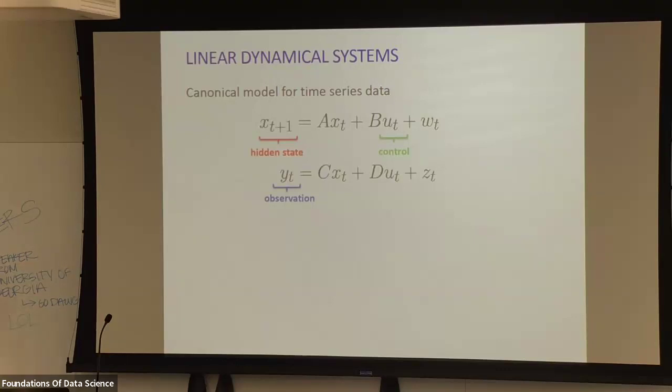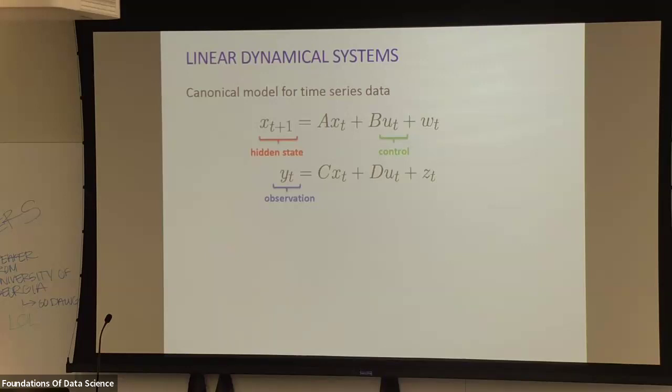And then there are exogenous controls or disturbances that we apply to the system. These are these control vectors u_t, we see these. And the trick is that for a linear dynamical system, we don't see the underlying hidden state. We have to try and infer it from data. What we get instead are these observations y_t that are also vectors that give us a hint about what's happening in the hidden state.